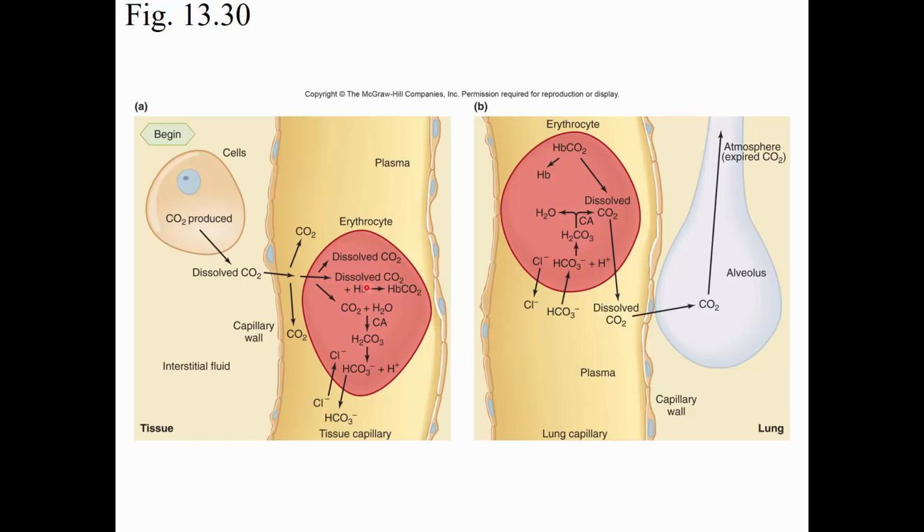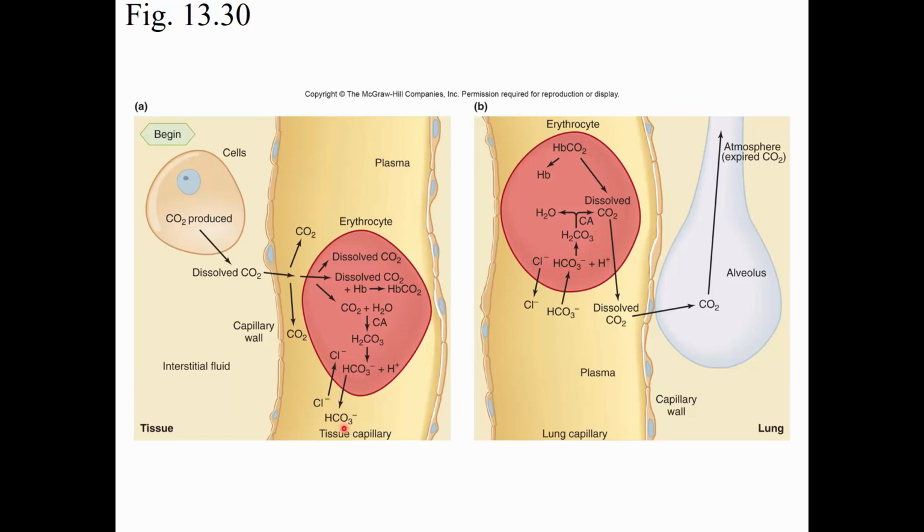Now, hemoglobin that is not bound to oxygen is very good at buffering hydrogen ions. So hydrogen ions bind to the hemoglobin and promote the conversion of CO2 and water to carbonic acid and bicarb. Hydrogen goes and hitches a ride on hemoglobin. Bicarb can build up.